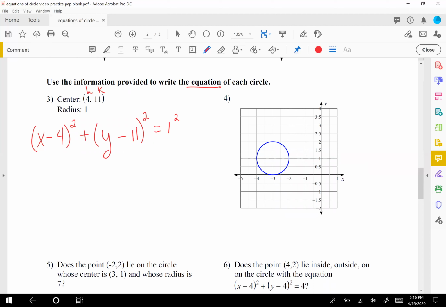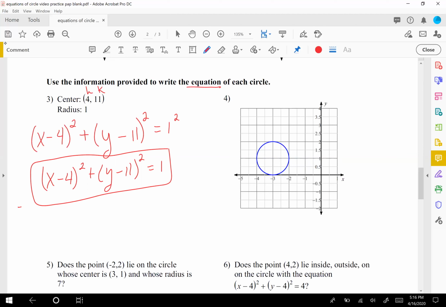So (X minus 4) squared plus (Y minus 11) squared equals 1 squared, which is just 1. So there is your equation.